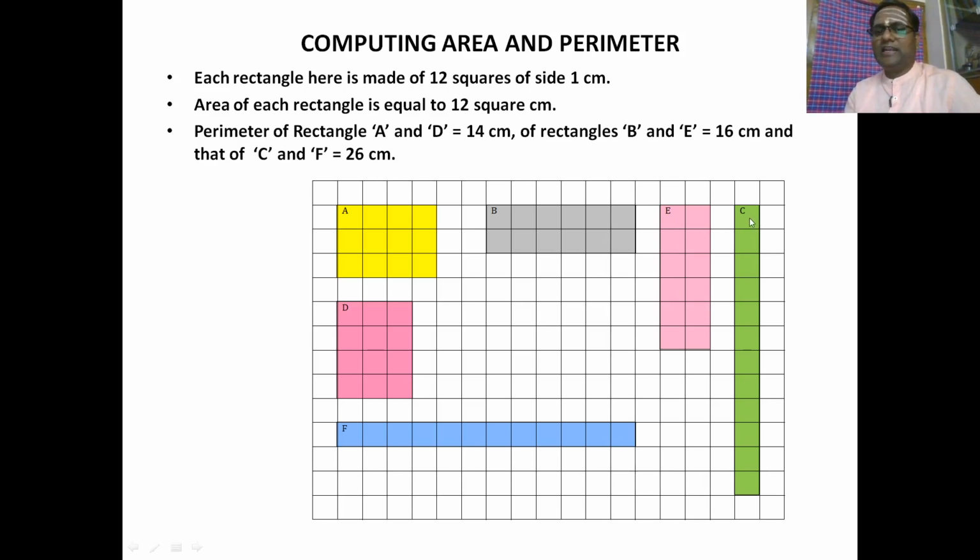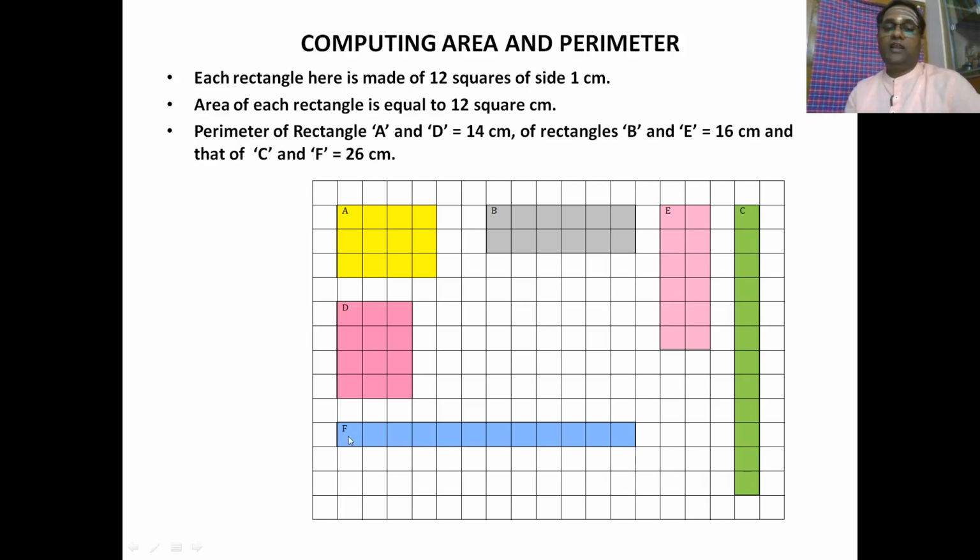Now let us see rectangle C and rectangle F. Count the number of squares. 1, 2, 3, 4, 5, 6, 7, 8, 9, 10, 11, 12. So again area of rectangle C is 12 square centimeters.